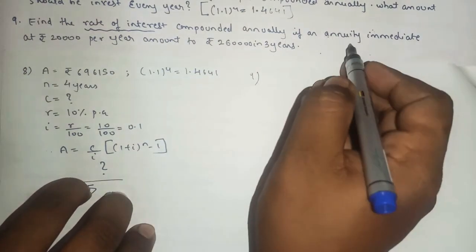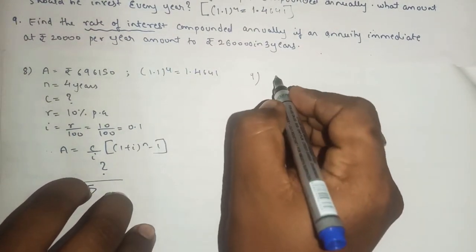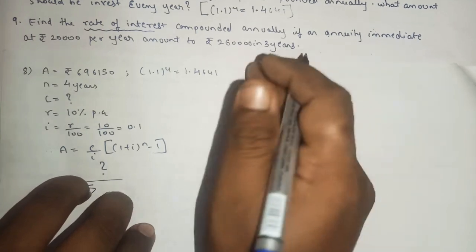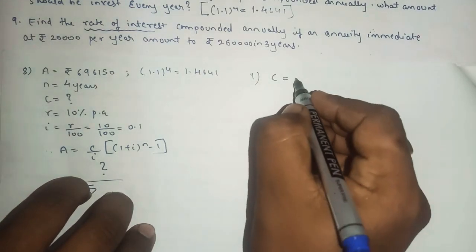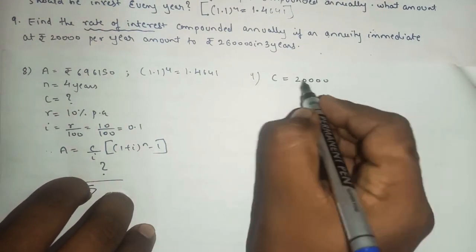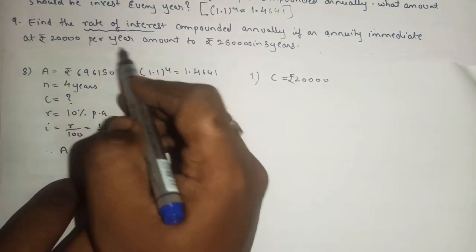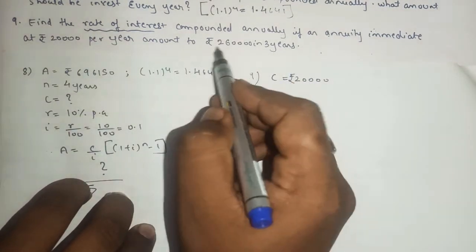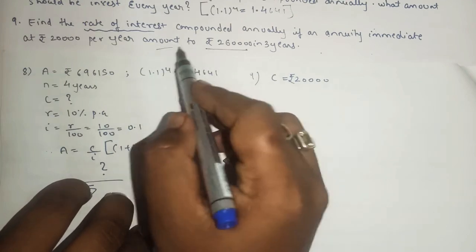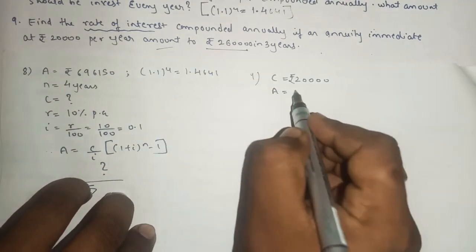Compounded annually, an annuity immediate, we know that it is the value of C, 20,000 per year. The amount, that means the accumulated value, is 2,60,000 rupees, and the time is 3 years.